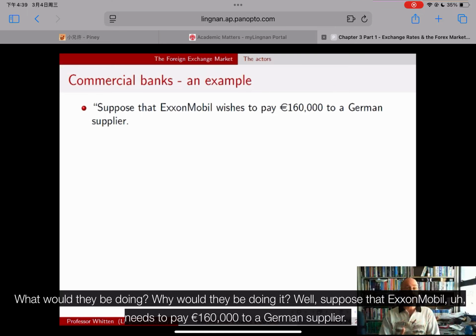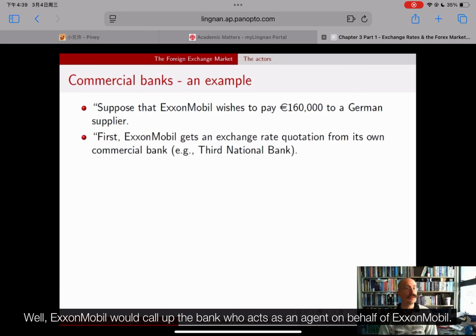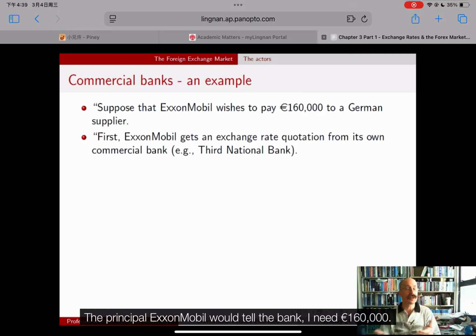Well, suppose that ExxonMobil needs to pay 160,000 euros to a German supplier. Well, ExxonMobil would call up the bank, who acts as an agent on behalf of ExxonMobil, the principal. ExxonMobil would tell the bank, I need 160,000 euros.